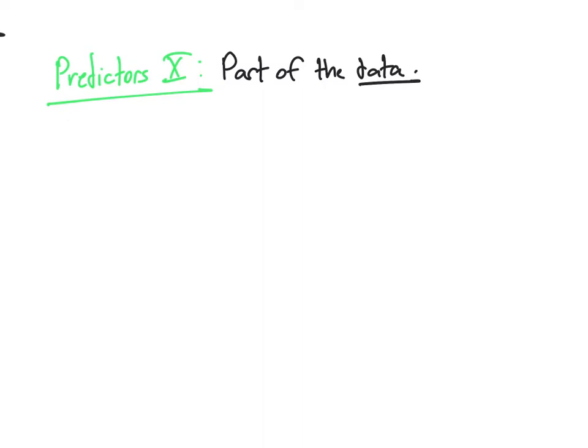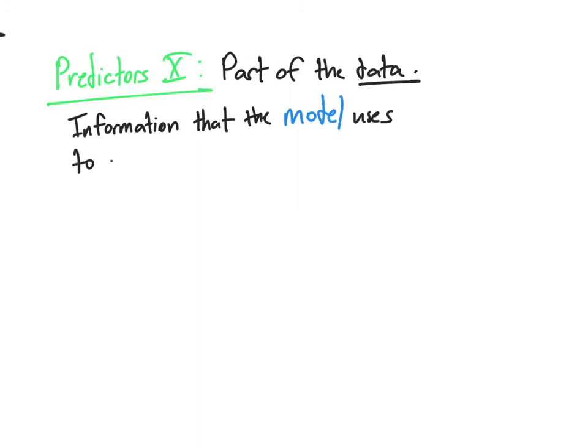These are information that the model, sorry, I'm just going to give that a little color, that the model will use to predict the target variables y.